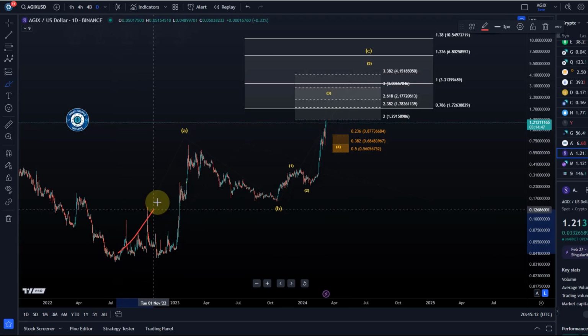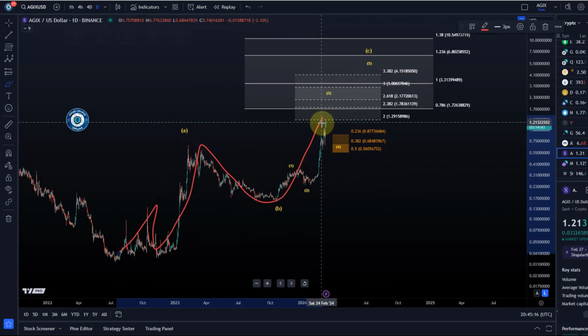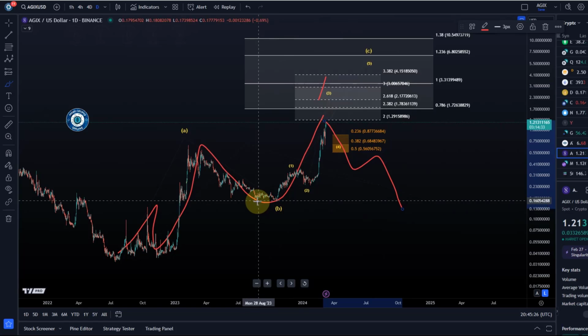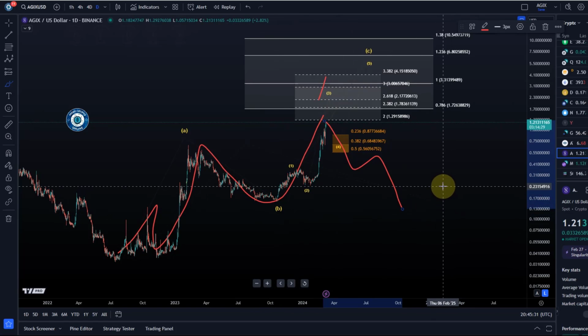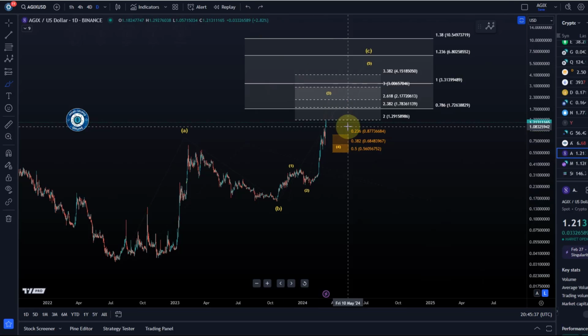We can say maybe this was a 5-wave move, which is the previous count we had, just with an extended fifth wave. This topped as a larger wave 1, and we're now forming a larger wave 2 pullback, which might end in this region here around 16 cents. Crazy. And then from there, a third wave rally. This would also be bullish, but would involve a much deeper pullback.